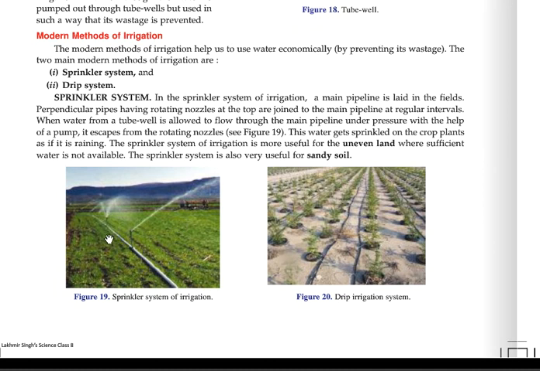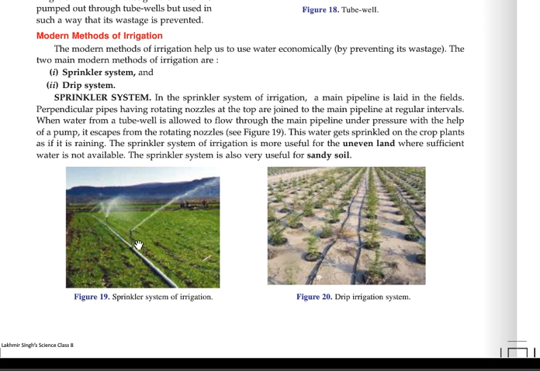In this system, a main pipeline is laid in the fields and perpendicular pipes are joined at some fixed interval of distance. At the top of each pipe some nozzles are connected.